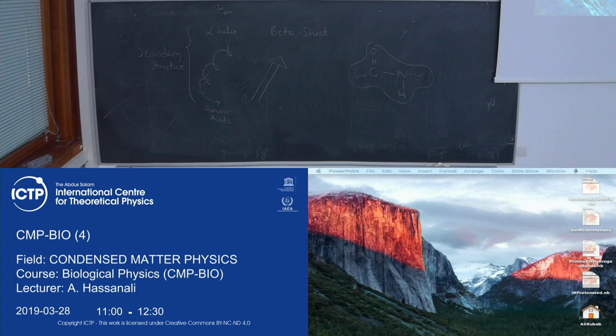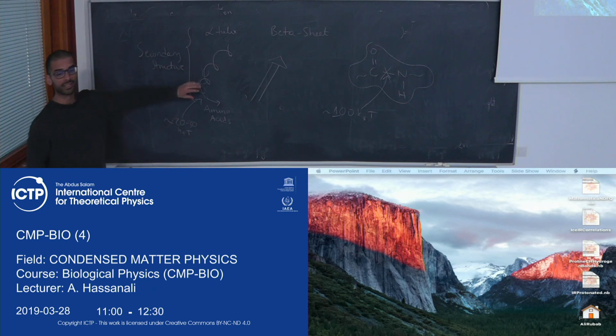So probably some fraction of 100 kJ. So to uncoil this, probably 20 to 30 kJ. Why? Because these are held together by weaker electrostatic interactions. Okay?